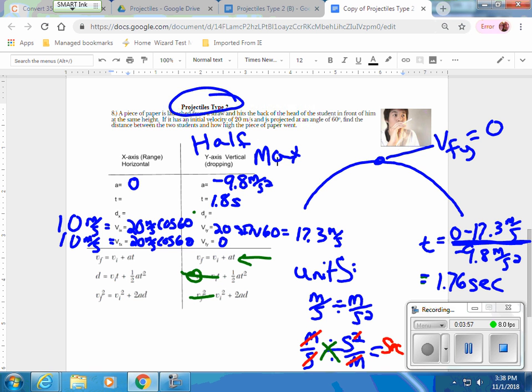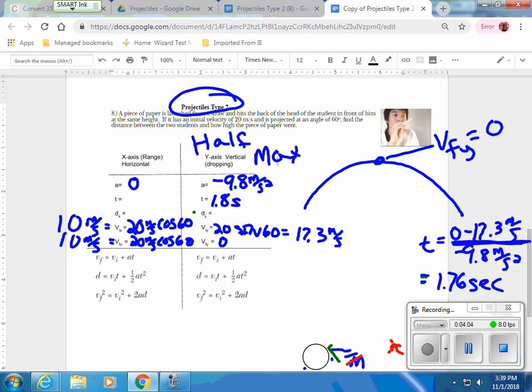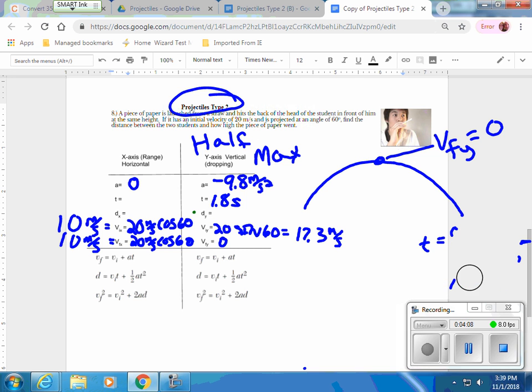Okay, now I've got to figure out how my time is in relationship to the x-axis. So hopefully I erased all this. Just follow along. So the time is very specific in these type 1 problems. It takes 1.8 seconds to go to the top, and then another 1.8 seconds to get to the bottom. So my spitball, disgusting as it may be, goes choo.